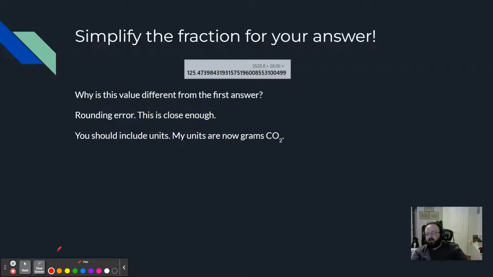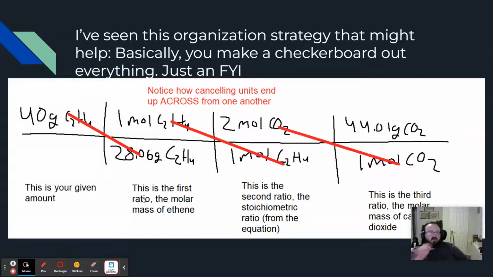The last thing that I want to go over, I know this is a long video, but this is going to be a long topic, is a shortcut, kind of an organization skill that I have seen that some folks might like to use. Instead of having all of those multiplication signs, you might just want to make kind of like a checkerboard, like this. This is the same equation, but you can clearly see how across the checkerboard, in these two spots, here and here, this is where you should have the same units.